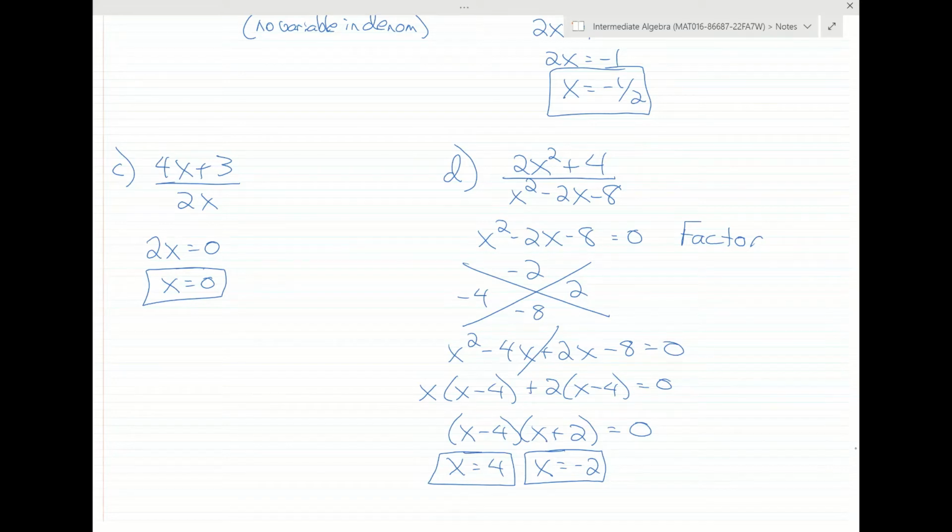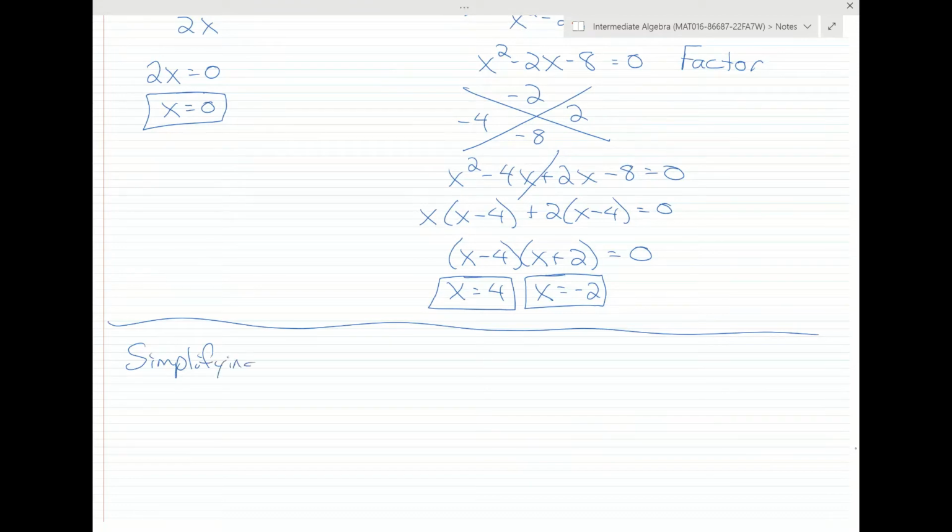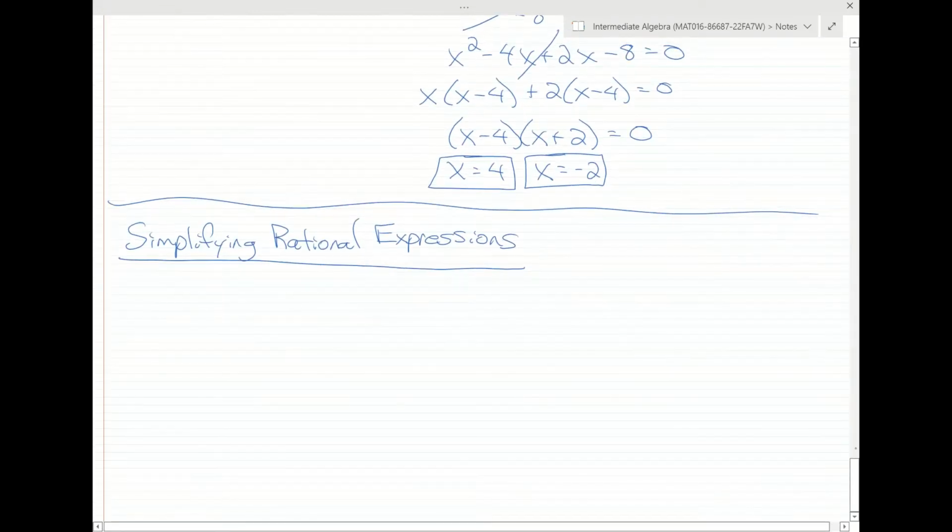All right, and then to wrap up this section, I want to show you something called simplifying rational expressions. When we're talking about simplifying rational expressions, we want to factor completely.